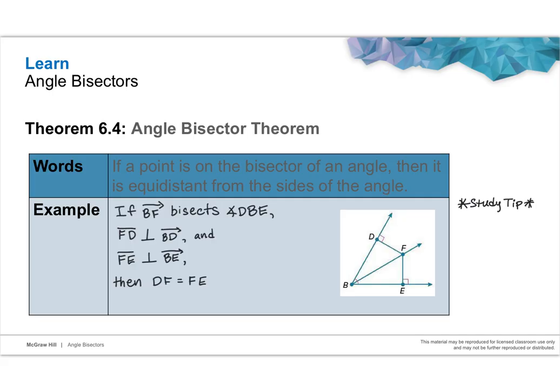So if it is equidistant, then that means this is a perpendicular distance from that point to both sides of the angle. And please take note of the study tip that is in the margin here on page 357 in the sidebar. The angle bisector in that figure, notice there's only tick marks on the segment AD and DC in that diagram. I don't have the example on screen here, but if you're looking in your book, notice it's only tick marks that we see there, not the perpendicular as well.